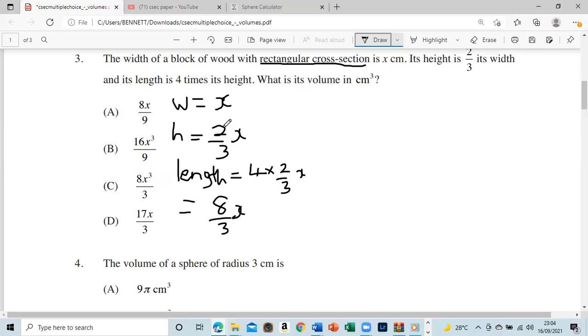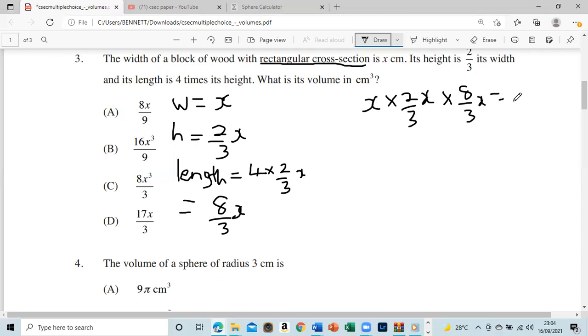Now all I have to do is just multiply this. So it will be x times 2/3 x times 8/3 x. x times 2x, that's 2x squared, times that.